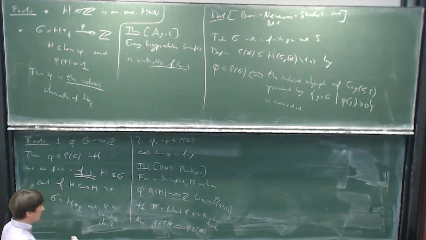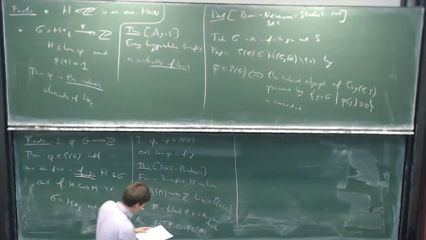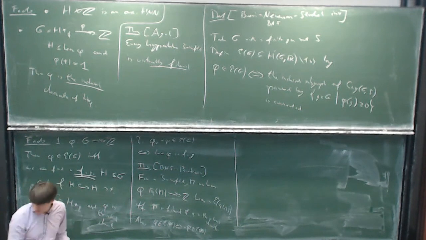Well, but this is just the intersection of sigma G and minus sigma G. Right. So, I mean, it's spat out by this. So, yeah, okay. So, this was BNS. Okay.